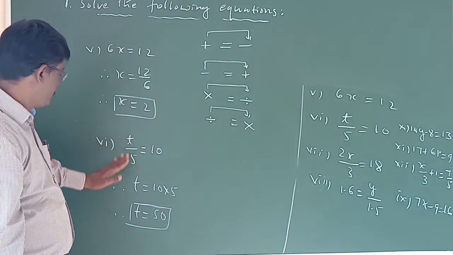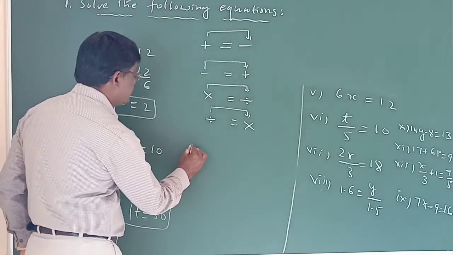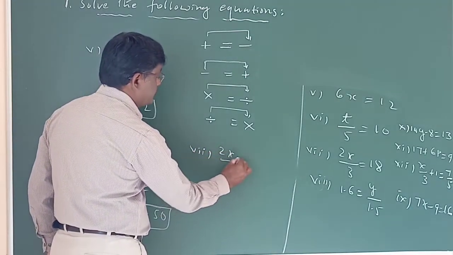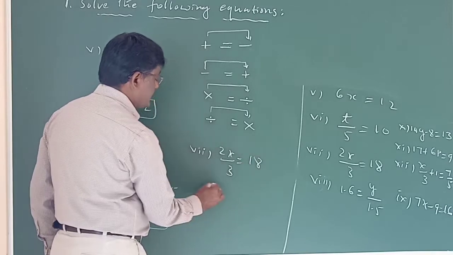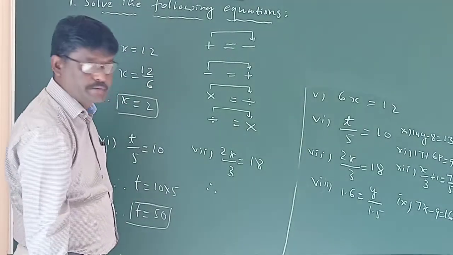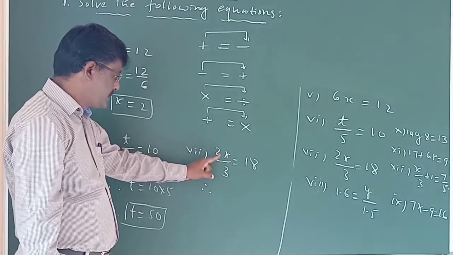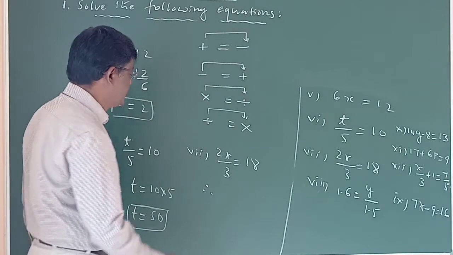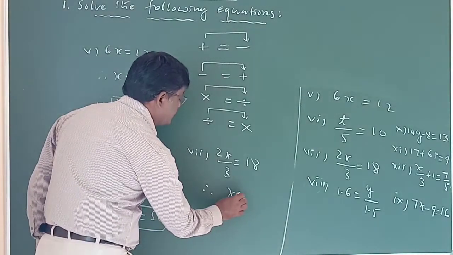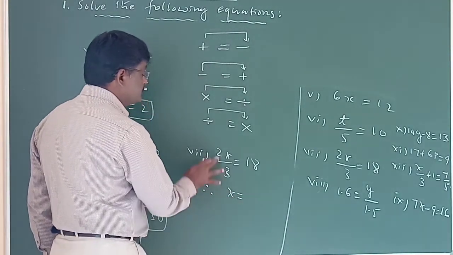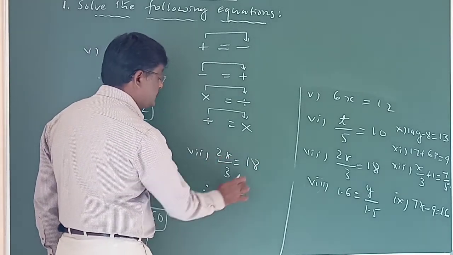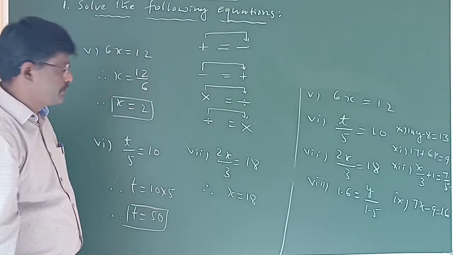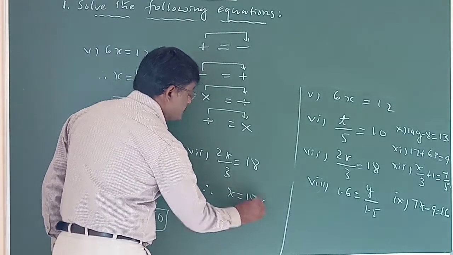Now, let us take one more. That's the 7th sum. See here. 2x by 3 equal to 18. Therefore, here of course we have product form only, 2x by 3. How could this be simplified? In one step only, these known factors can be shifted to the right side. First let us write what we have on the right side, into this.